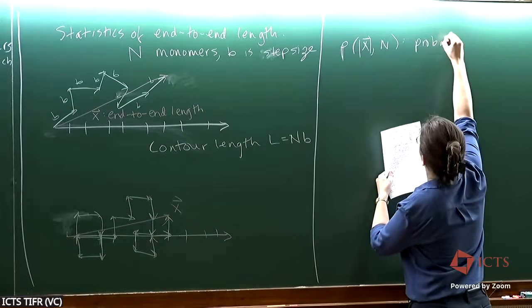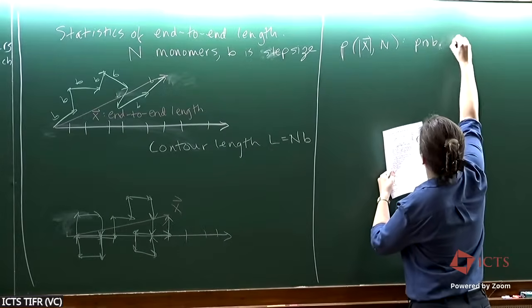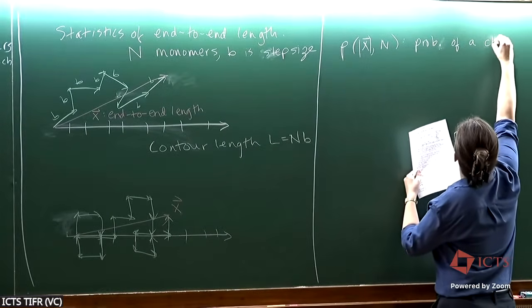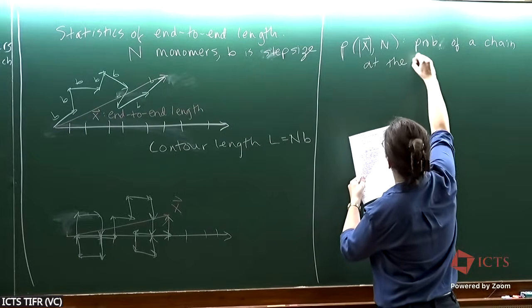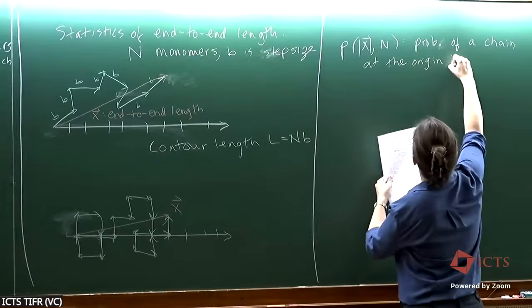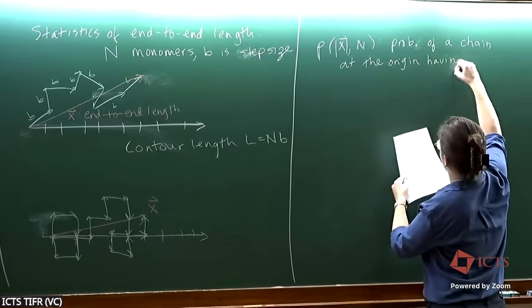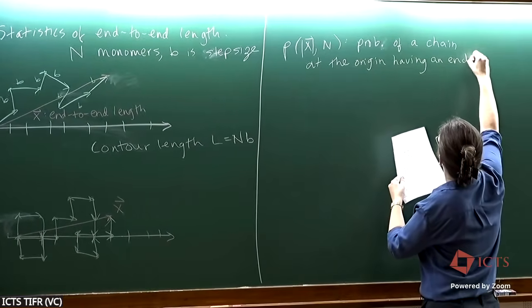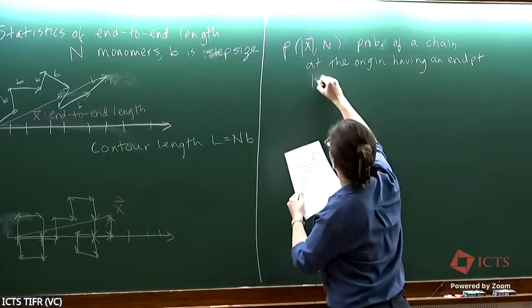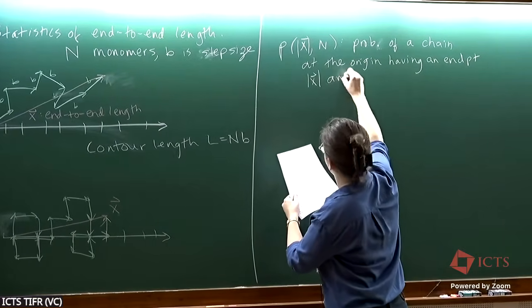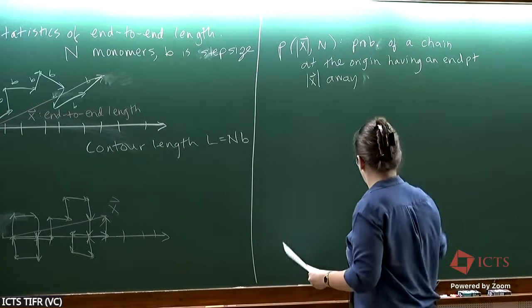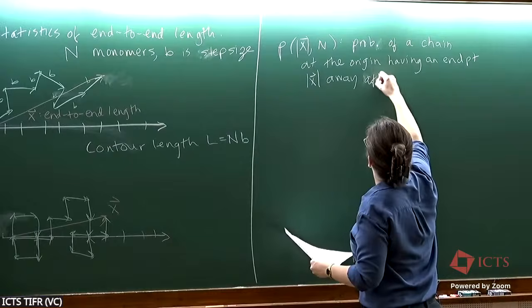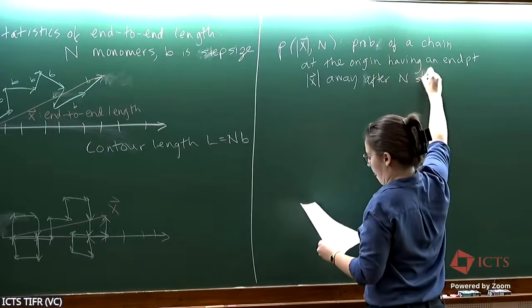So probability of a chain at the origin having an endpoint X away after N steps.